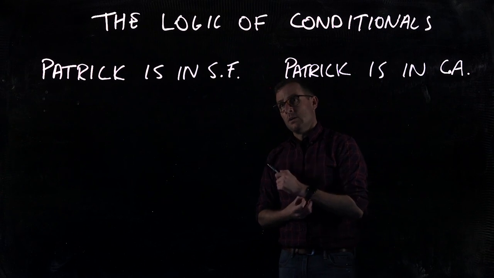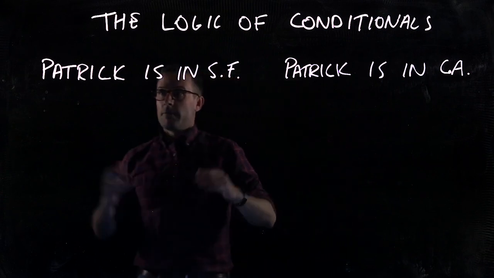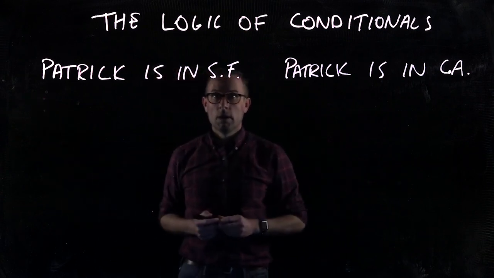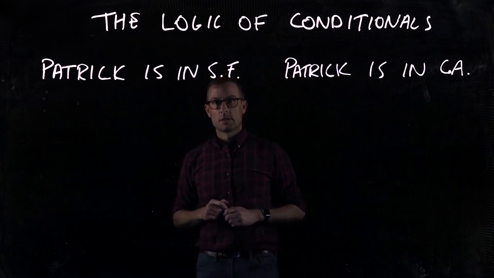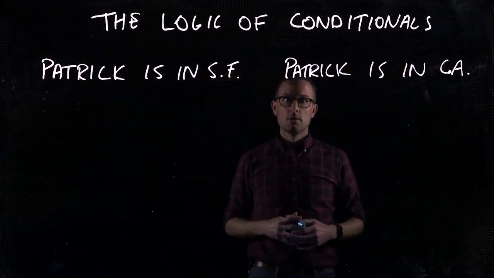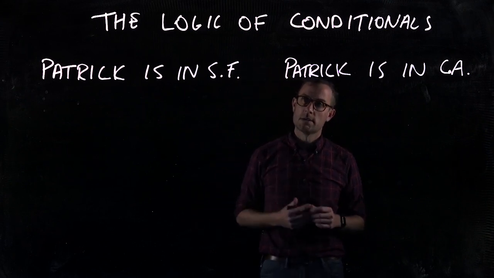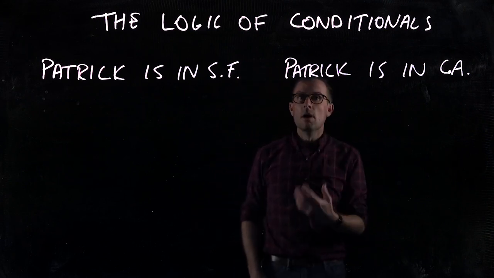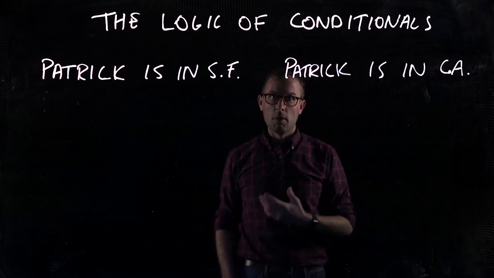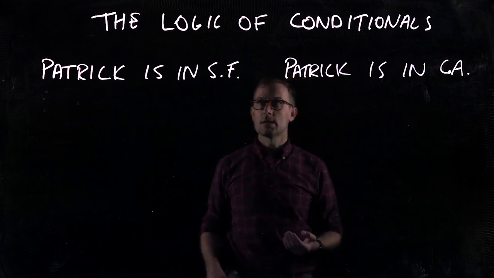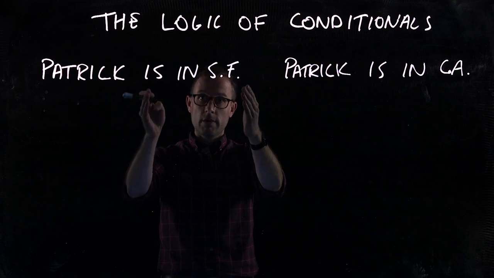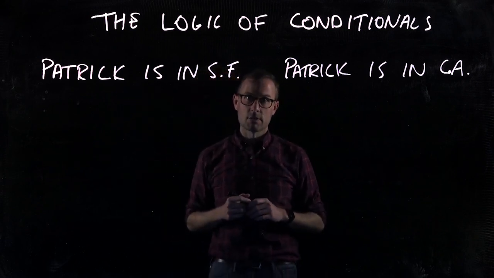Now notice something about our first example here. Patrick is in San Francisco. If somebody were to tell you this in just ordinary natural language, you would know something else about Patrick at that moment, something that is expressed outside of this predicate, is in San Francisco.